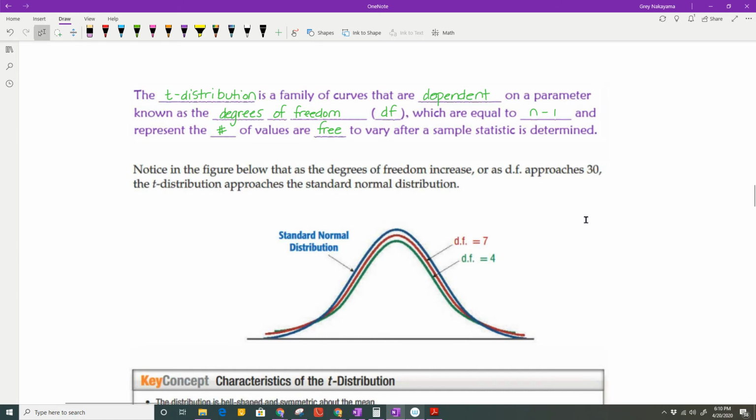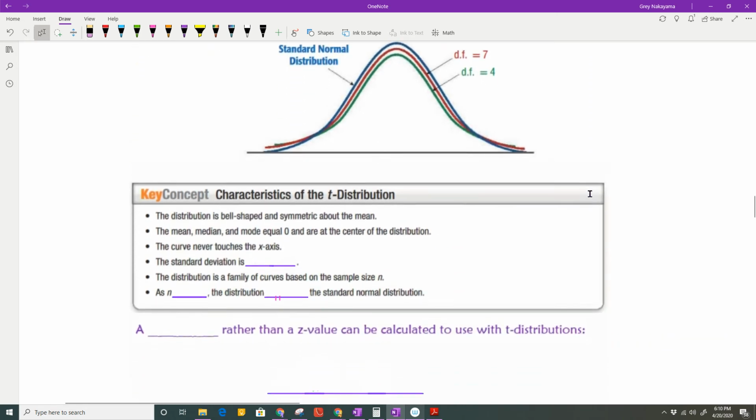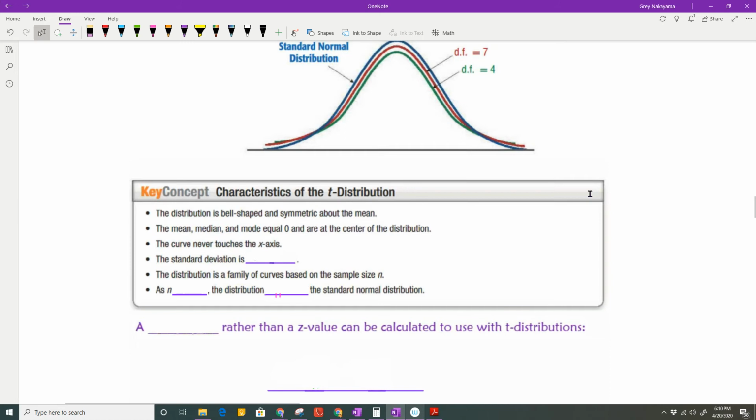You don't need to get bogged down here, but what's most important is that if your sample size is less than 30, then you need to be thinking of a t-distribution instead of a normal distribution.